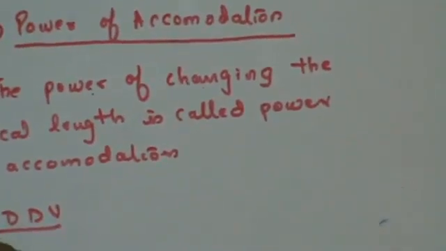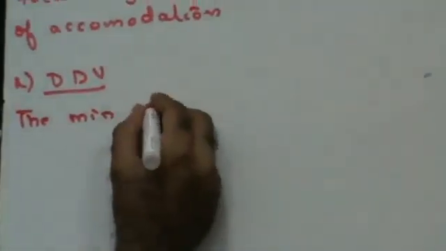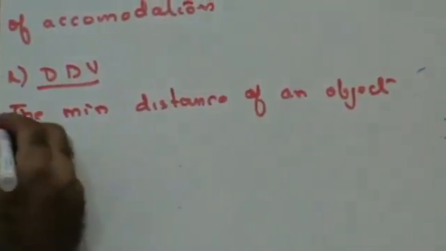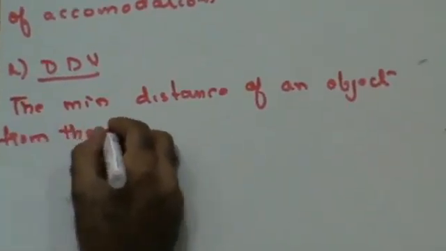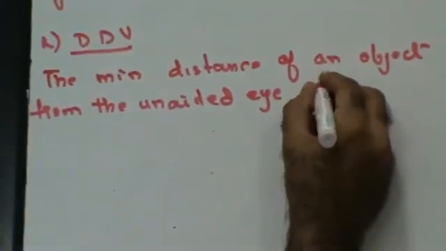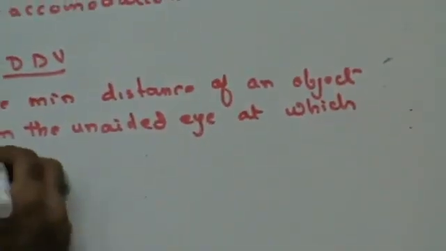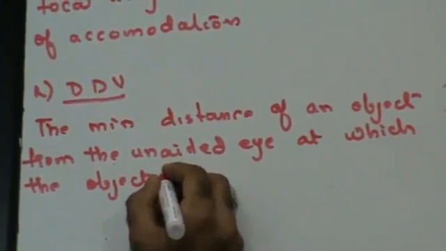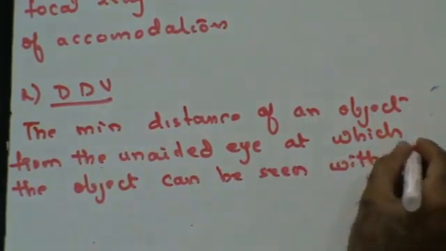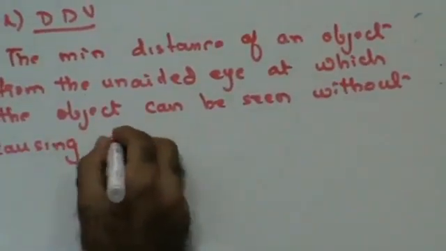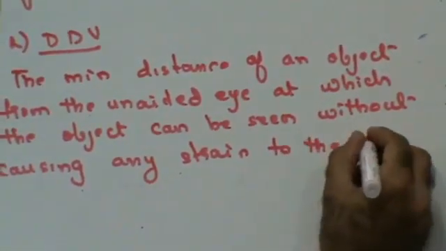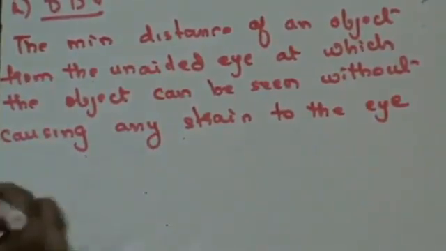So what is DDV? The minimum distance of an object from the unaided eye at which the object can be seen without causing any strain to the eye is called distance of distinct vision.